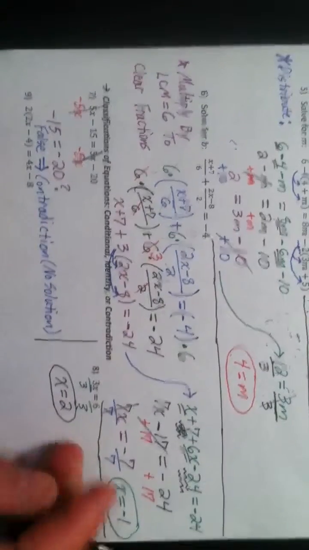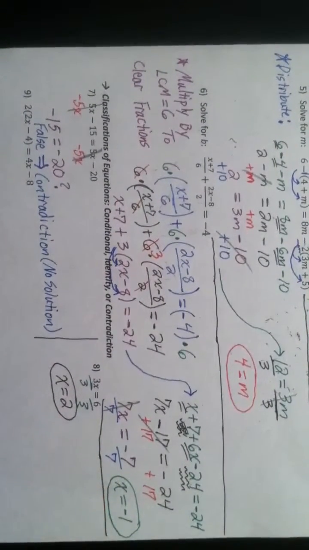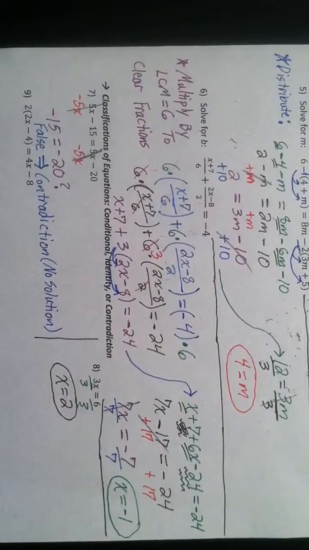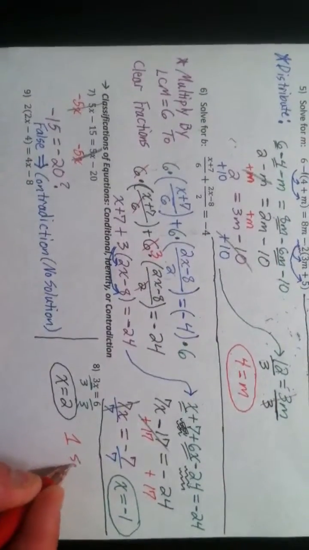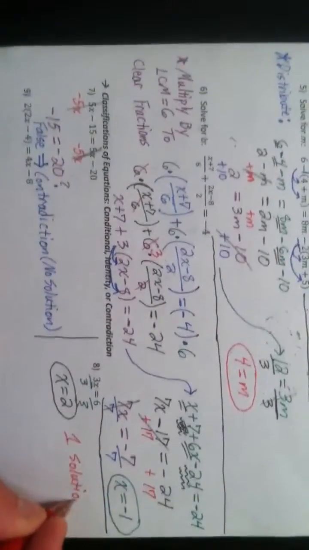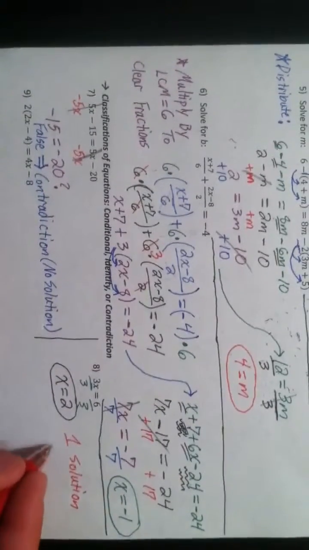Well, that's just like the equations we were solving above. We actually got a numerical answer for our variable x. So when you have one solution and it's a clear solution, x equals some number, we call that a conditional.